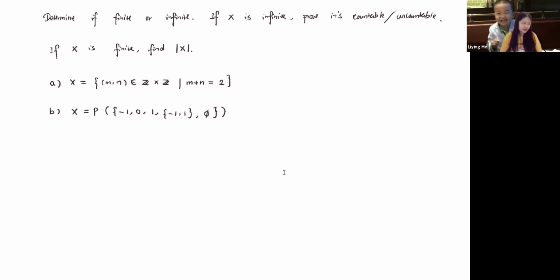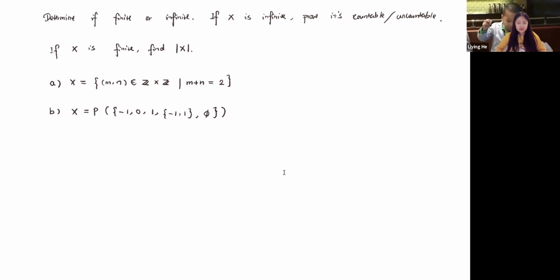Again, as I mentioned, you know that natural numbers are countable. You know that integers are countable. You know rational numbers are countable. So when you do the bijection, you don't necessarily need natural numbers. You can use rational numbers and integers as well.